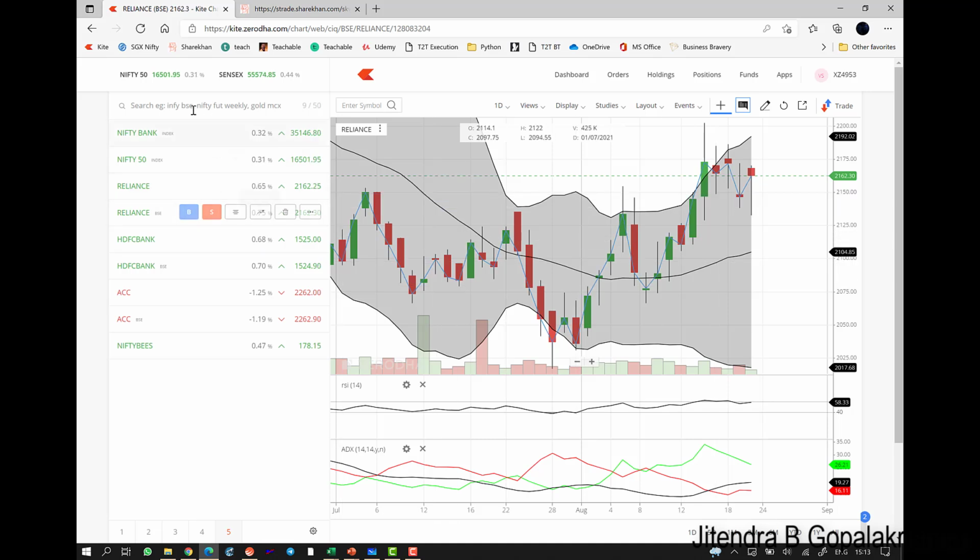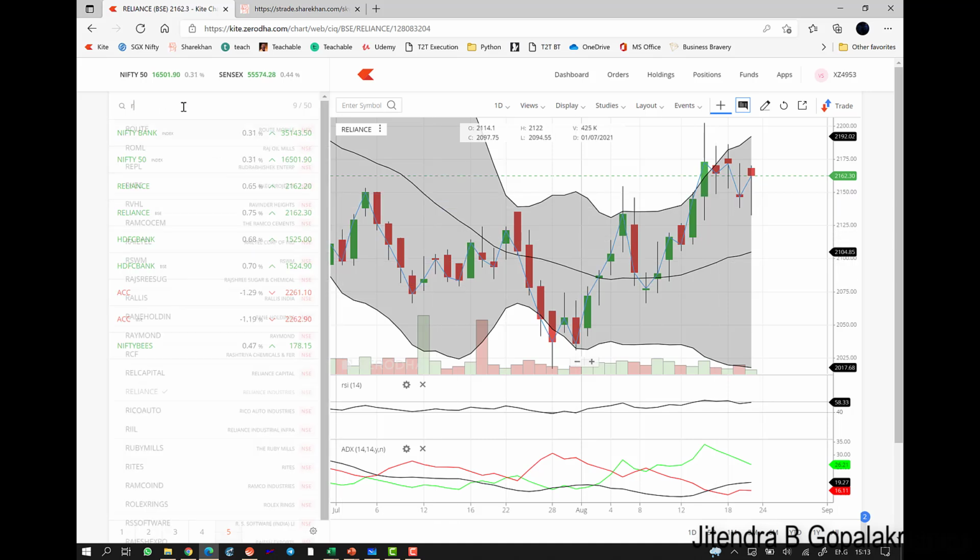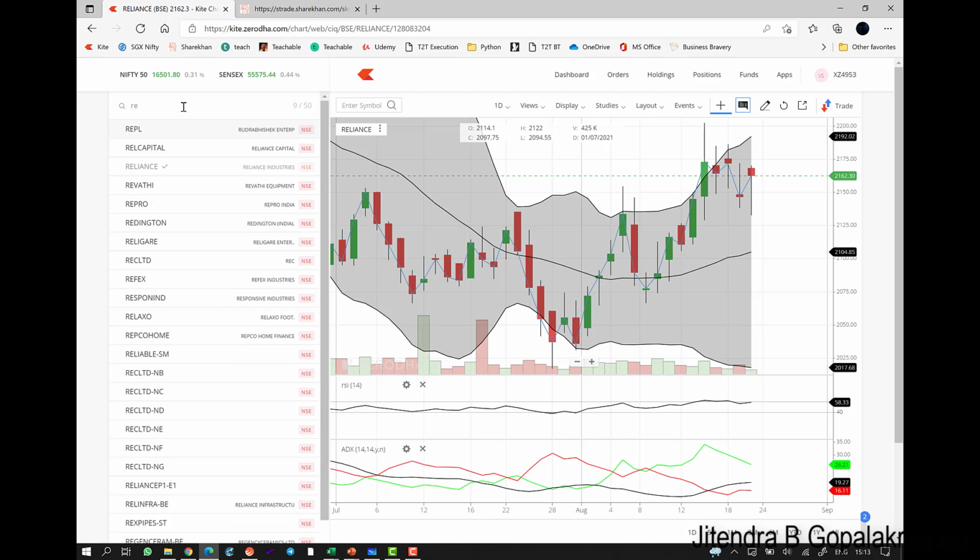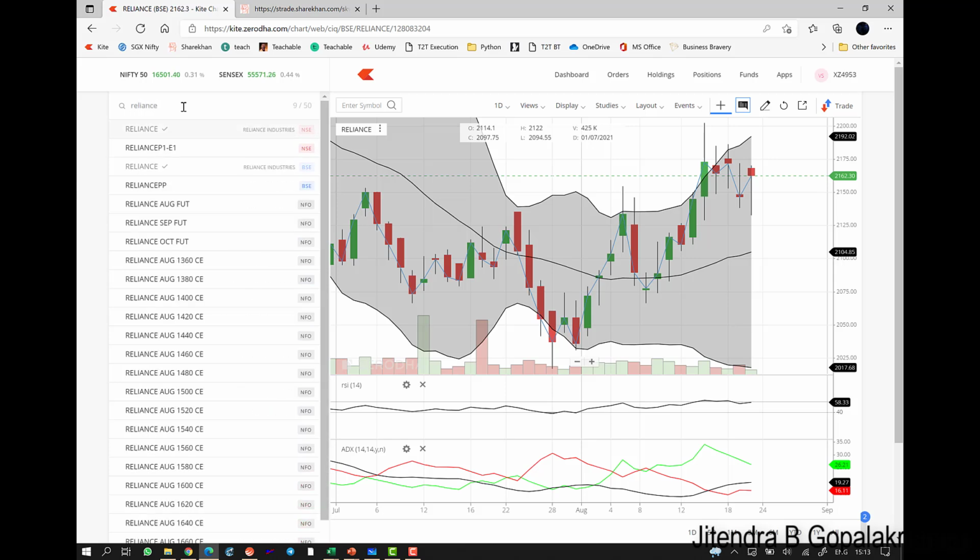So if you have to buy a call, first you have to get the Reliance particular strike price. So you type Reliance and you want it for the August month, because assuming now it is August month, and the strike price. Currently it's at 2,162. So you want to trade in, say, 2 OTM.